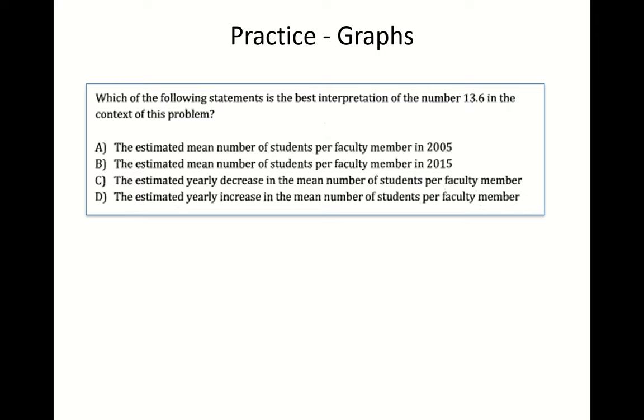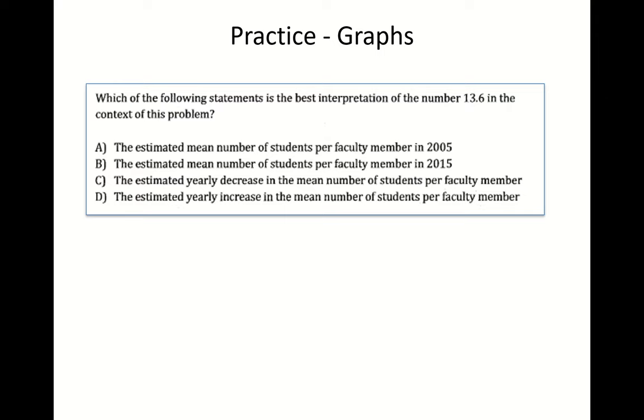And since it's talking about the y, the 13.6 is the y coordinate when x equals 0, what's the unit of the y coordinate? It's the mean number of students per faculty member. So it's 13.6 students per faculty member in 2005.